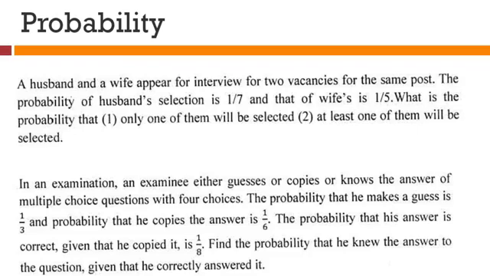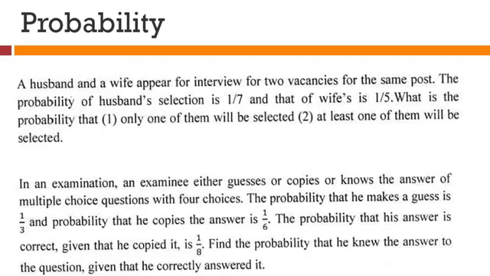So one question comes on classical probability, where you have to use some set theory, where the events are independent and maybe one of them is getting selected, at least one, at least 2, like that. If you talk in terms of set theory, at least one is nothing but A union B. Venn diagrams will obviously be very helpful, otherwise we can directly use the concepts of probability.